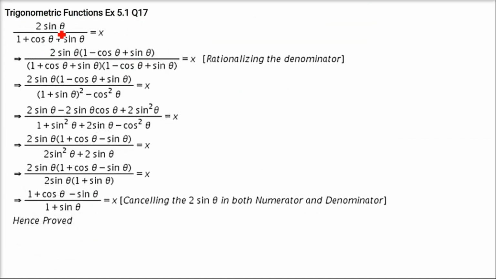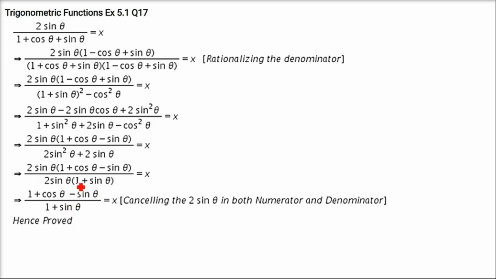Here we have 2 sin theta by (1 plus cos theta plus sin theta). Now you have to take it as x. The question here is that when you solve it, you must get something which is like this: (1 plus cos theta minus sin theta) by (1 plus sin theta).